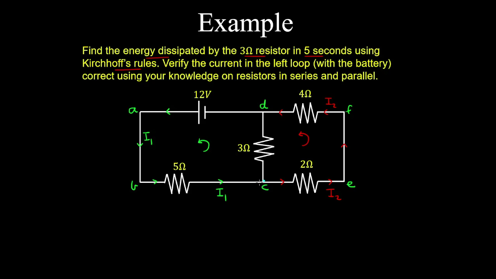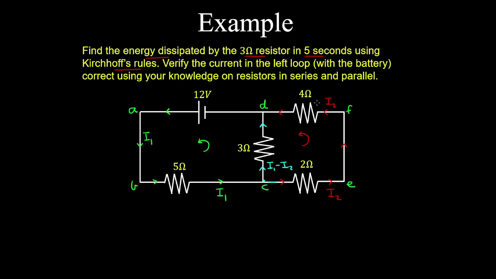Now at the junction C, the current going in is equal to the current exiting the junction. So if we have I2 along this path, we must have a current of I1 minus I2 along the path from C to D. So in other words, I1 is equal to I1 minus I2 plus I2.